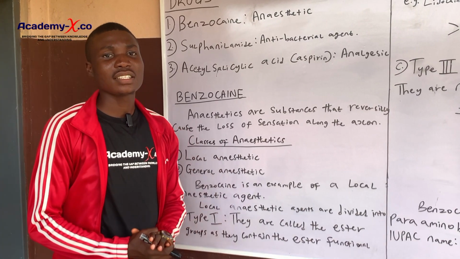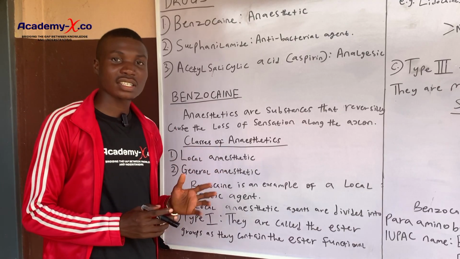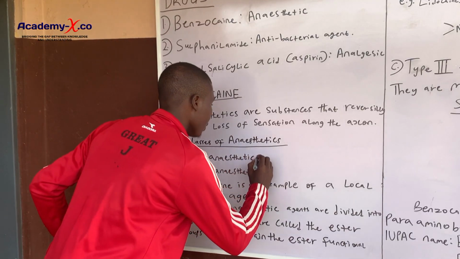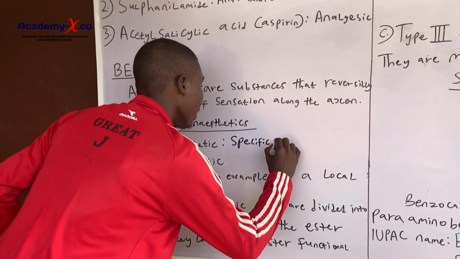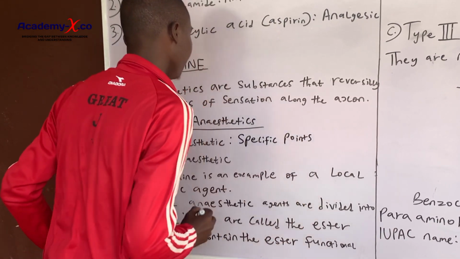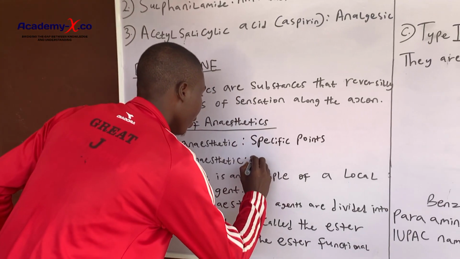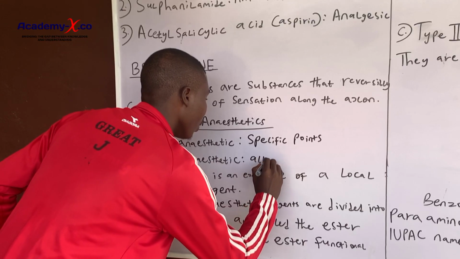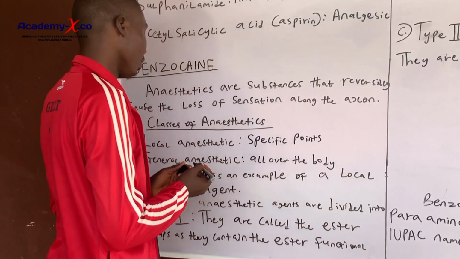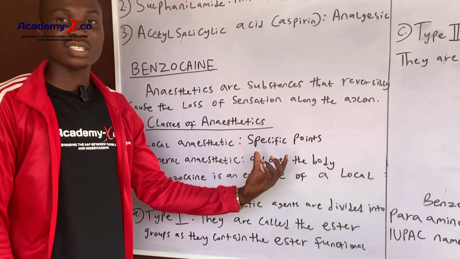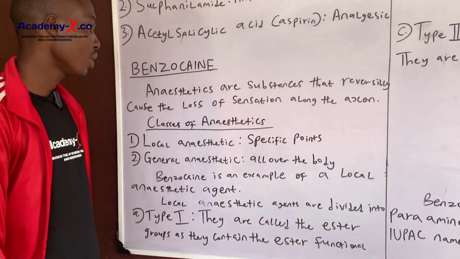Local anesthetics are anesthetics that work at specific points in the body, while general anesthetics work all over the body. The word local tells you it's at specific points, while general tells you it's all over the body. So that is basically it.